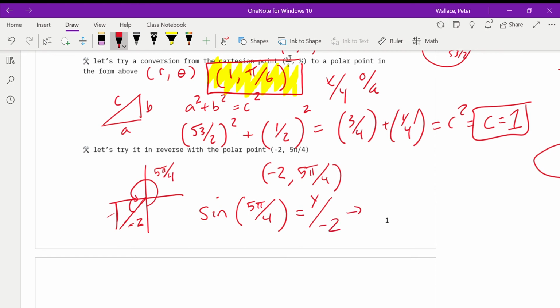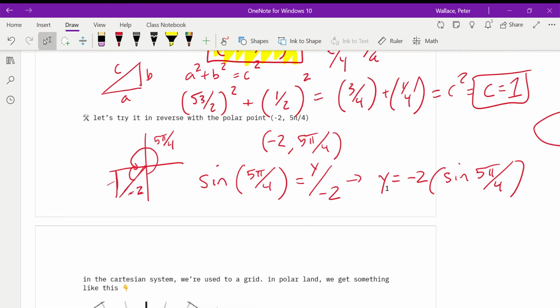So we can solve for this by saying y is equal to -2 times sine of 5 pi over 4. Now, our sine of 5 pi over 4, we should know by our unit circle, is -√2 over 2. So -√2 over 2 times -2 is just going to be root 2. And we can do the same thing with cosine, and we will find that our x value is also root 2.